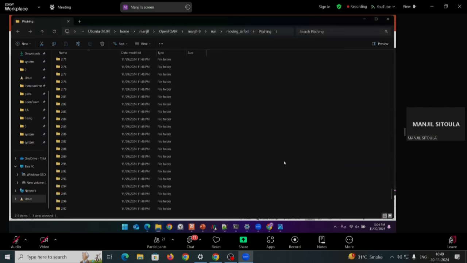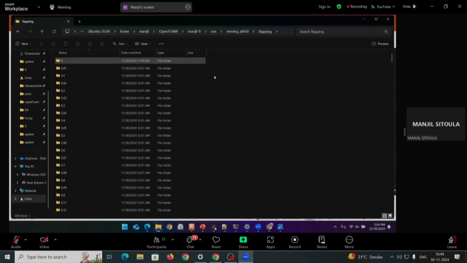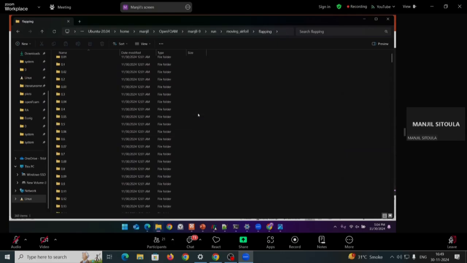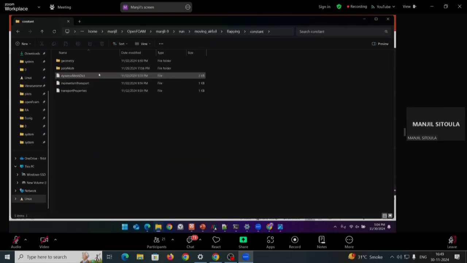Now let's go to the flapping. These are all flapping cases. We will combine these two motions in our dynamic mesh dictionary.